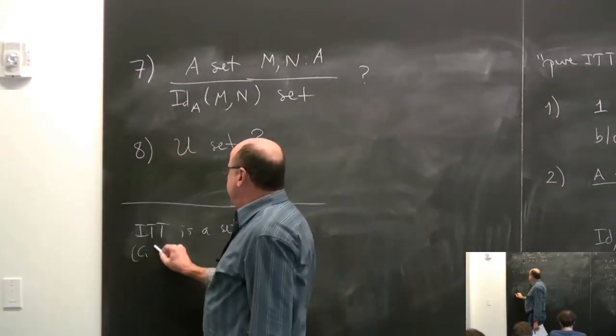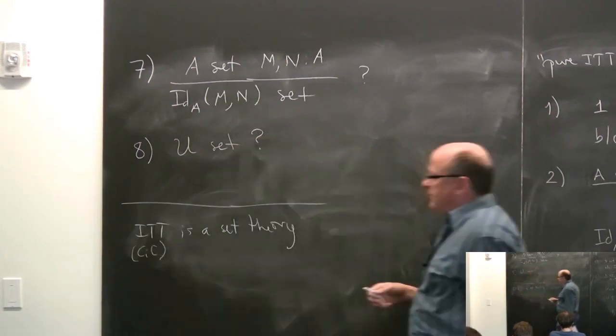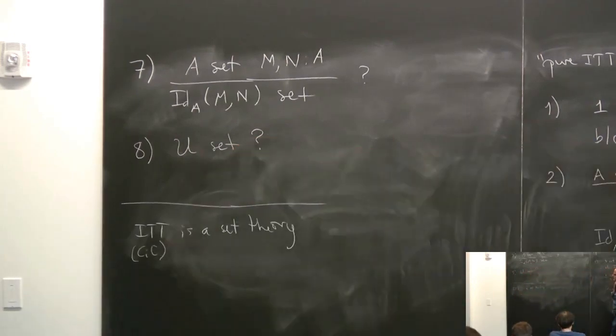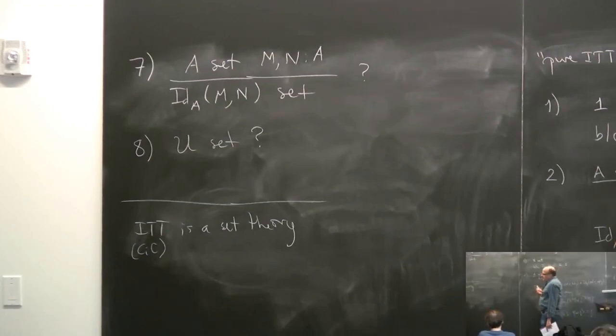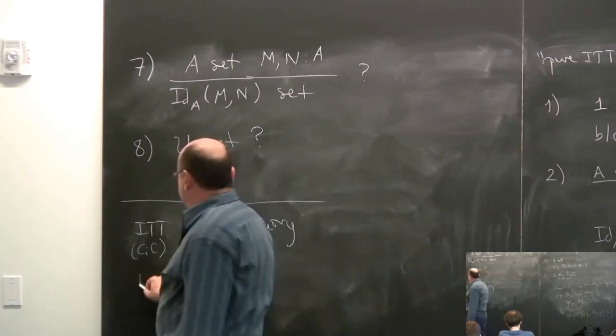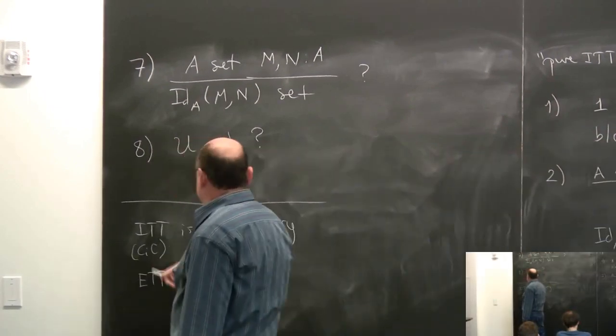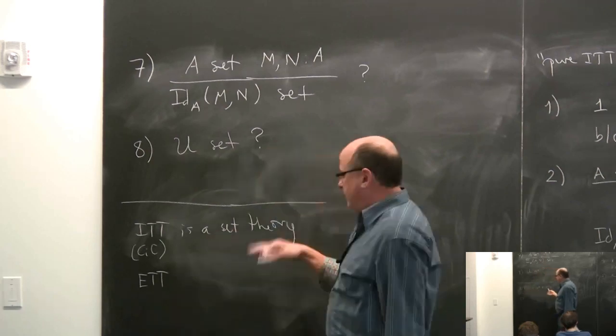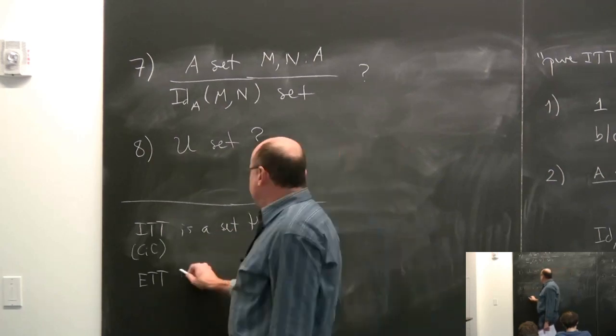In fact, CIC, up until recently, a mild extension of ITT with inductive types, is also a set theory. And so this resolves an interesting contention. You'll also be able to show, because ETT is an extension with UIP and equality reflection, that ETT is also a set theory.